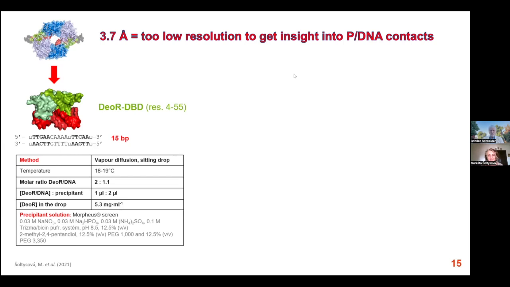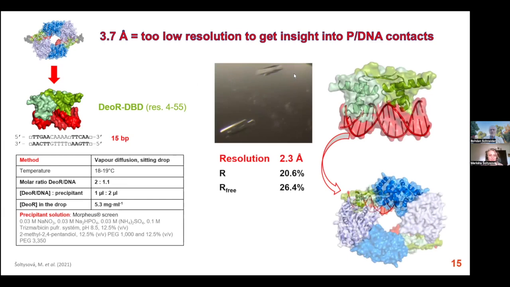And finally, the complex with the left palindromic part consisting of 15 base pairs diffracted best, to a high resolution of 2.3 angstroms, and we could integrate it into the full model.